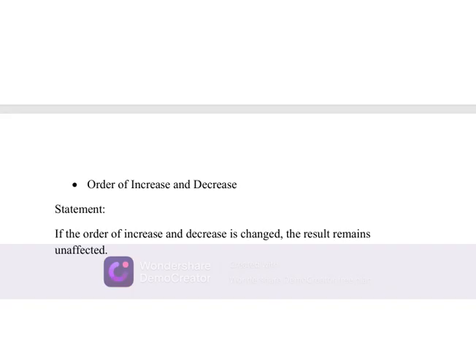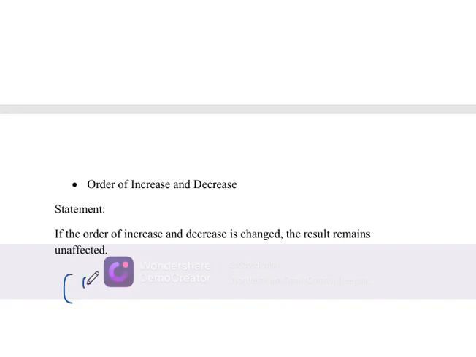Next topic, order of increase and decrease. If the order of an increase or decrease is changed, the results remain unaffected. That means if only the order is changed, the value is first increased and then decreased by the percentage, the results remain unaffected.